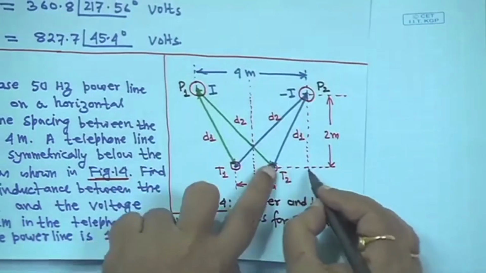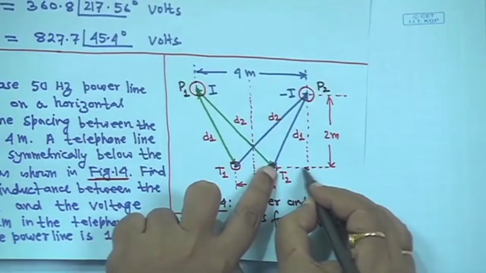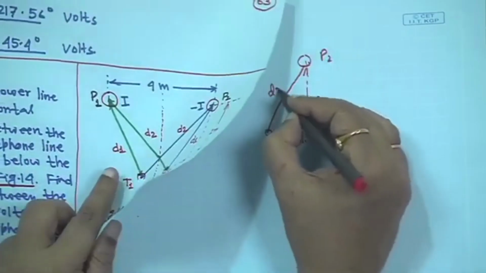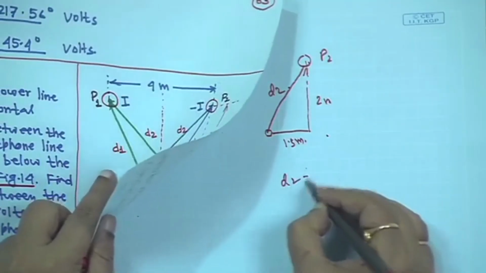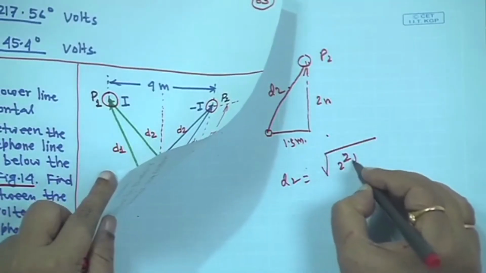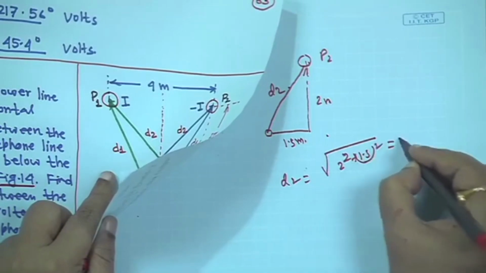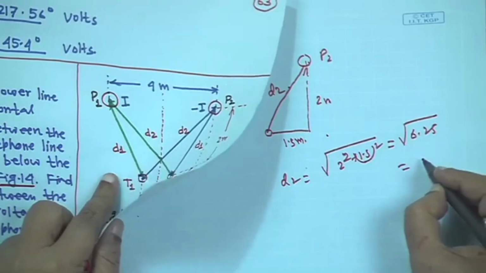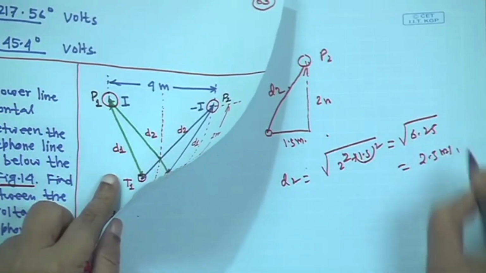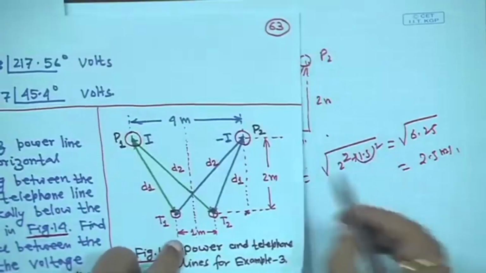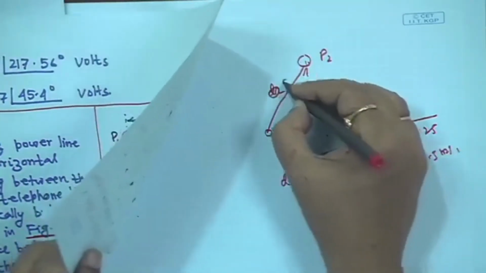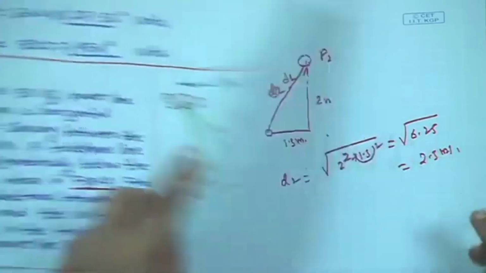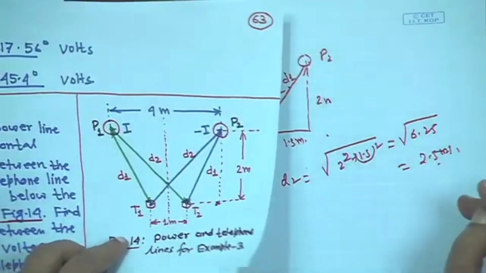That means from here to here it is 1.5 meter, and this is 2 meter, and this is D2. Therefore, D2 is equal to root over 2 square plus 1.5 square is equal to root over 6.25 is equal to 2.5 meter, right. That is not D2, this is D1, not D2, this distance is actually D1. So, this D1 is equal to 2.5 meter.